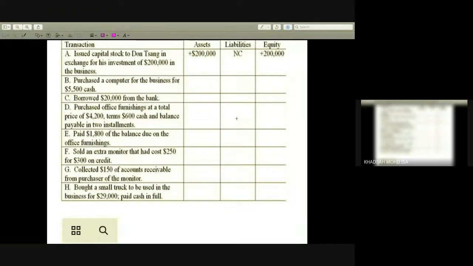How much? 300, right? So now you have debit accounts receivable 300, credit your computer 250. So now you have the profit of 50, you record that under equity. You're going to credit or plus your equity account.